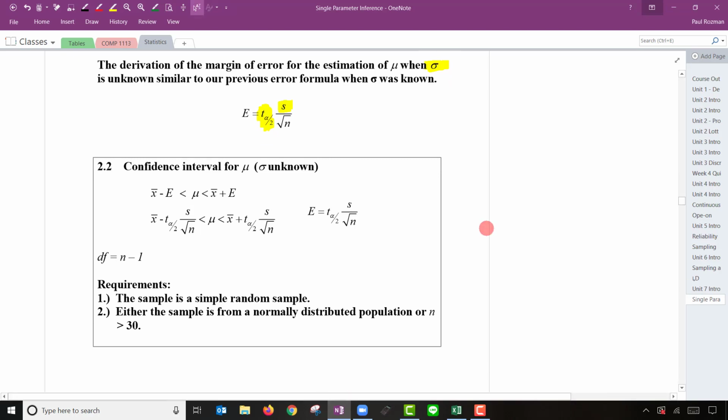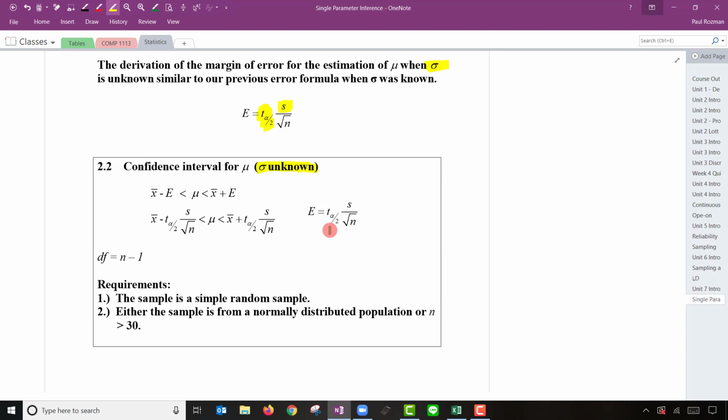So we have a new formula, but we can now just repeat all the stuff that we just did. We'll do an example where we calculate the error in the case where sigma is unknown. The only other little glitch is that sometimes you can't use the t-distribution, and that occurs when the sample size is small and the population is unknown. But if your population is big, you're good to go.